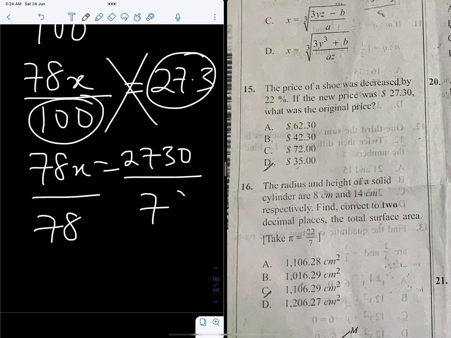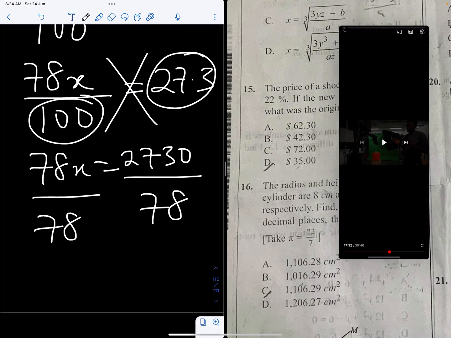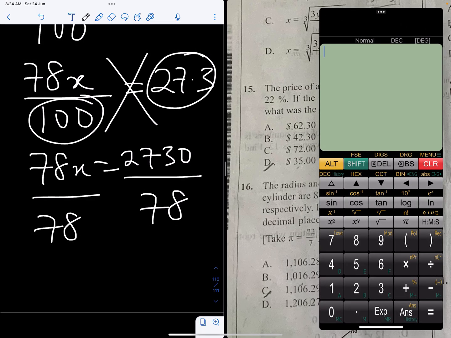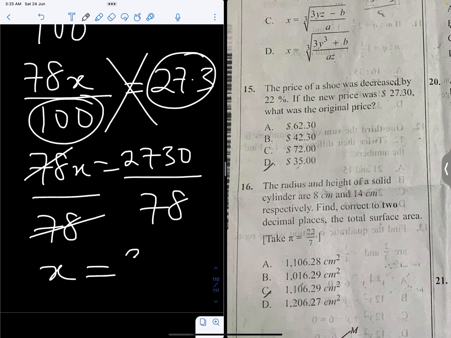Let's do that on the calculator. 2730 divided by 78 is 35. So x is equal to $35, I can just write it as 35.00, and the correct option is D.